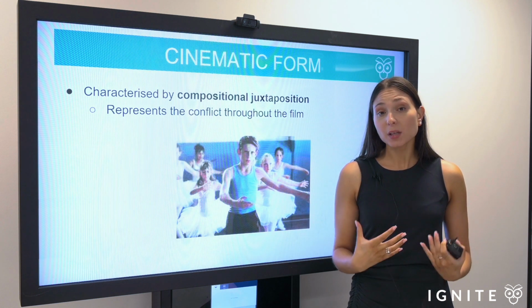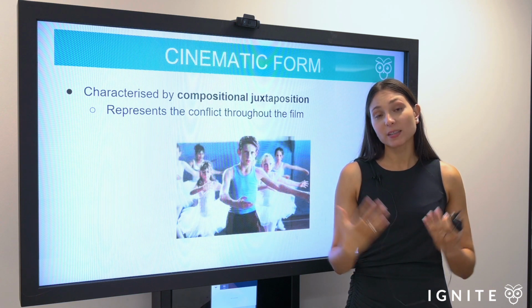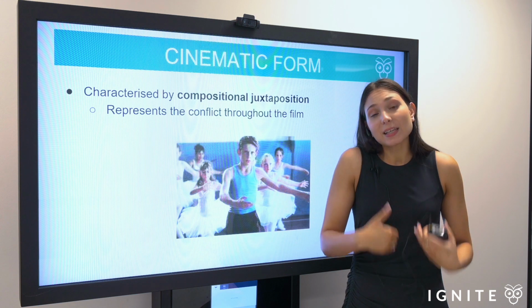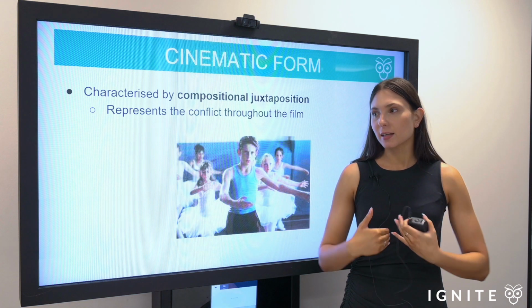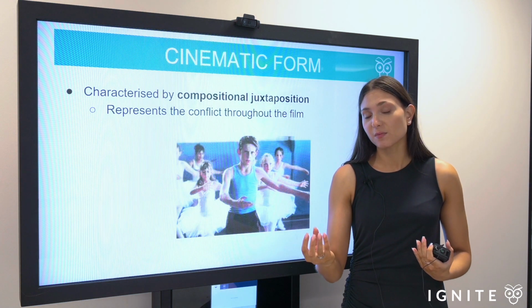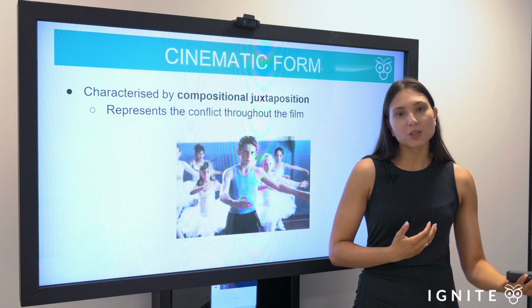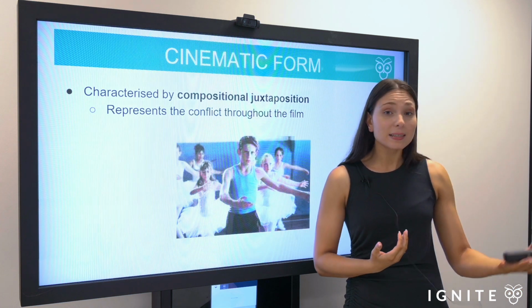And that really symbolizes and functions to represent this conflict in the film, this conflict between Billy's internal desires, that is his want to become a dancer, and how that's quite feminized through the views of his father and those in his surroundings, but also his filial obligations, his want to appease his father.